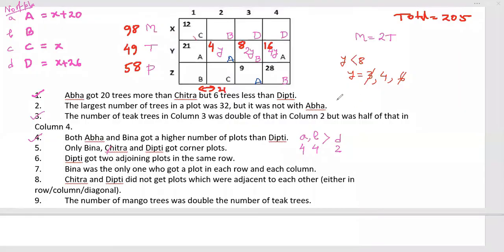We have received the total number for Abha, because for Abha these are the cells: 9, 16, 25, 25 plus 4, that is 29, 29 and 21, that is 50. Our number of trees total is 50. Then these would be 20 less, 30. These would be 6 more, 56. Dipti, 6 more, 56.